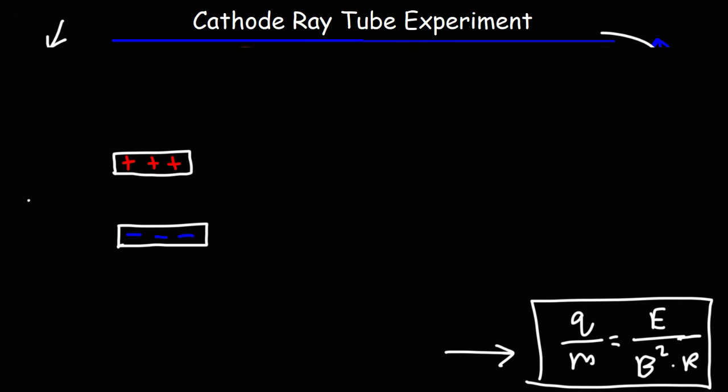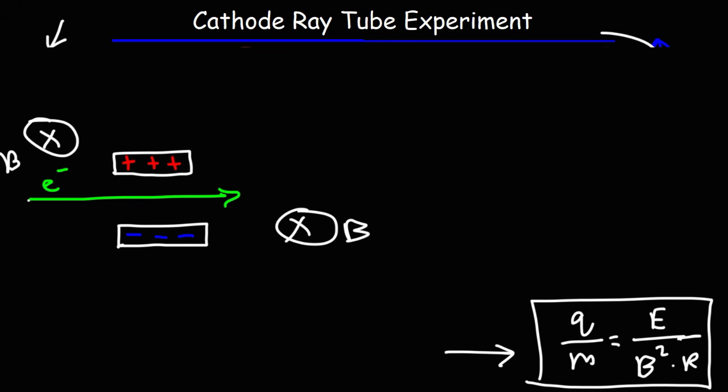Now, once the beam of electrons passes through the electric field, it's going to turn because the magnetic field is still active everywhere. And let's say we have a material here.